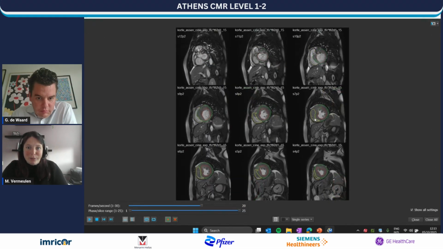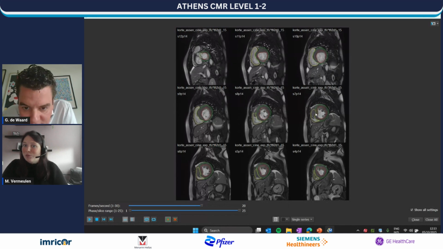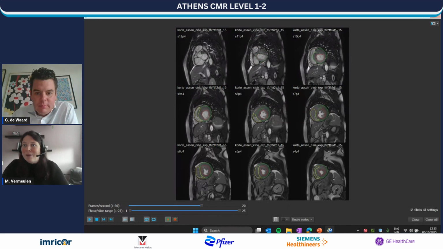Here we can see, especially basally, both for the LV and the RV, that the software is struggling, especially at end systole, since it's quite challenging for the AI to differentiate between what is trabeculation and what is still myocardium.